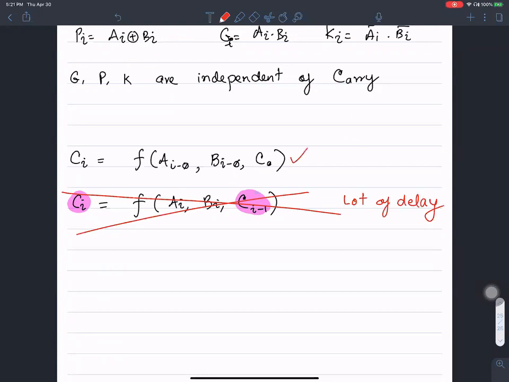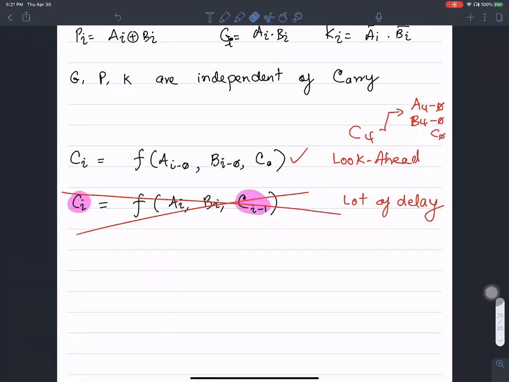But here, this is carry look ahead, because there is no C3 term when calculating C4. C4 can be directly expressed in terms of A4 to A0, B4 to B0, and of course C0, the carry input.